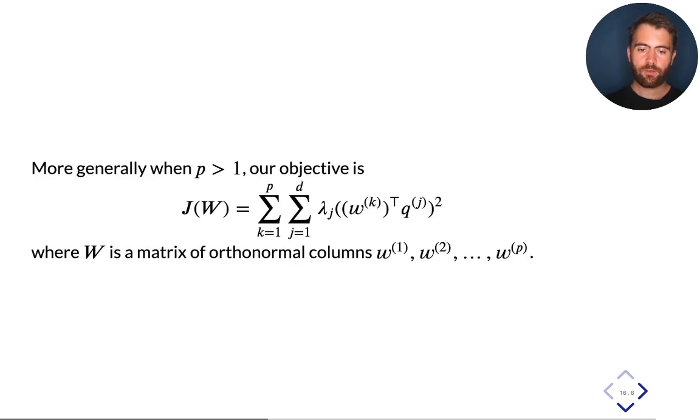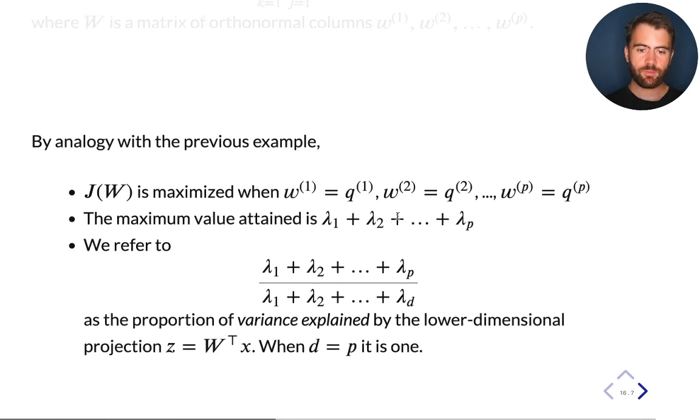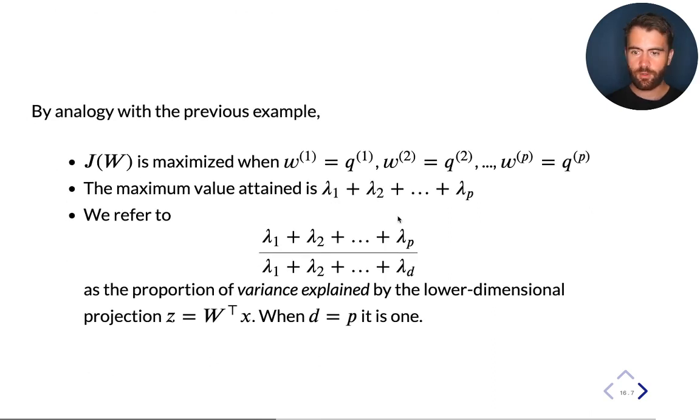And finally, I gave this example for the one-dimensional setting, but the same holds for any p. When p is greater than 1, our objective is a sum like this, and this sum is maximized, as in the previous example, when the p w's are the p largest eigenvectors, and then the maximum value attained is the sum of the p largest eigenvalues.